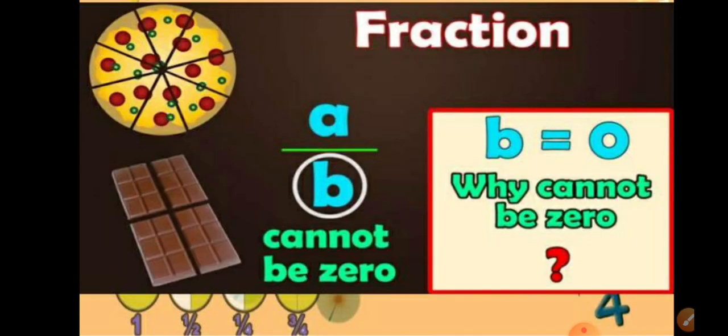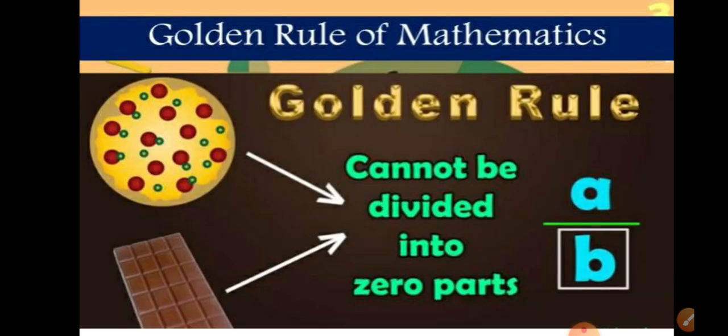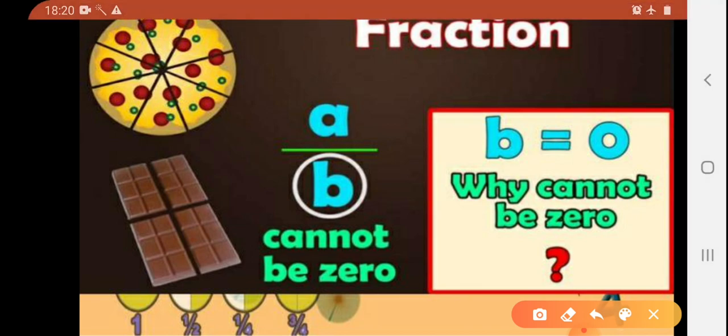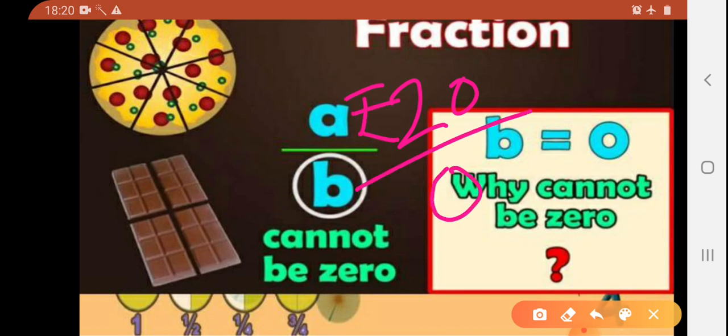We know a fraction is in the form of a by b, where a and b are natural numbers. But we can't write a whole number here. Also, b should not be equal to 0 for a fraction. From an example we can learn: suppose I have 20 rupees and I want to divide it among 0 people.